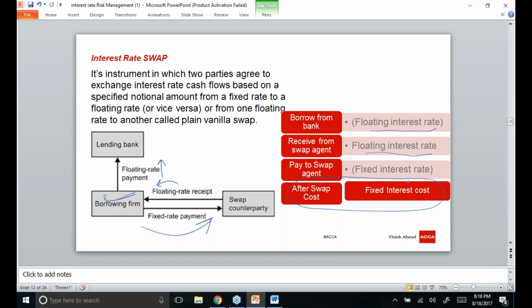The process in which you change your exposure from floating to fixed or fixed to floating is called a plain vanilla interest rate swap. So that's how you shift your exposure from floating to fixed or fixed to floating.